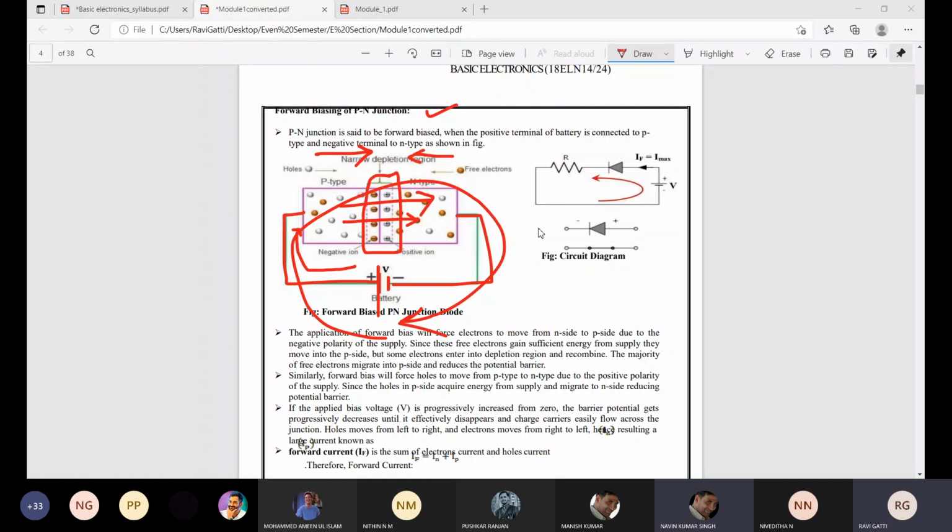See, the conduction band is nothing but the difference between the free electrons and the valency band, that energy gap. Now if electricity has to be produced, the electrons have to be in the conduction band or the valency band? Conduction band, sir. Yes, it has to be in the conduction band.